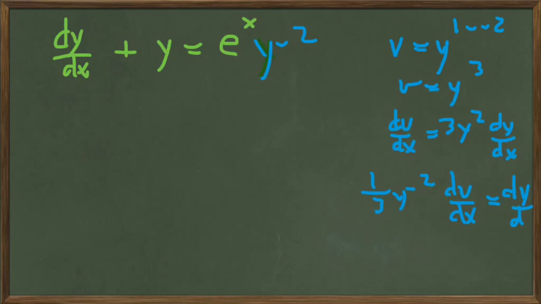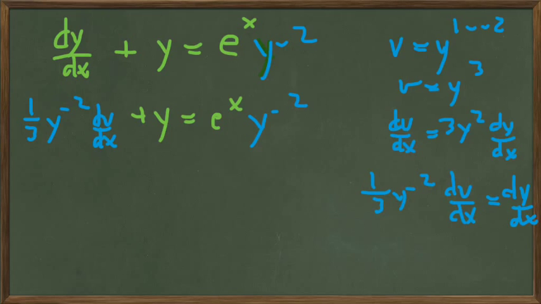So we replace dy dx with 1/3 y to the minus 2 dv dx, and we notice again that y to the n appears on both sides, where it was originally, and as a coefficient of dv dx.